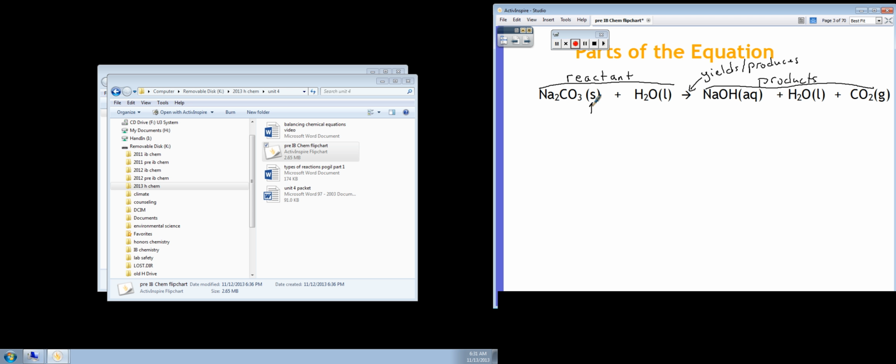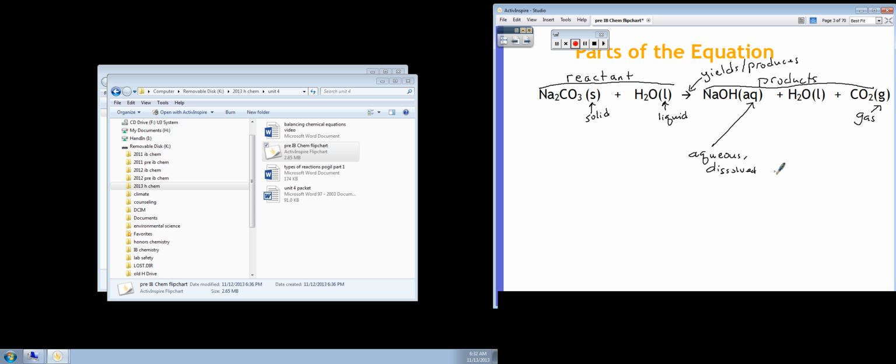You also have state of matter symbols. The S refers to a solid, the L refers to a liquid, the G refers to a gas, and AQ right here means that it is aqueous, which means that it is dissolved in a solution.